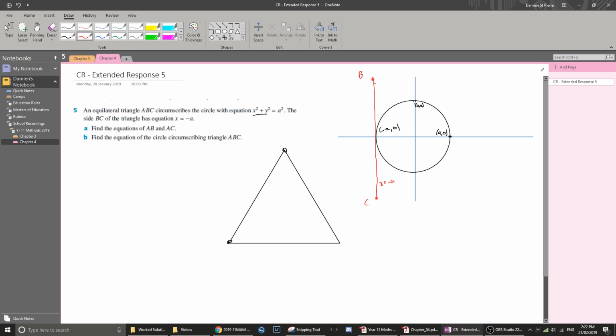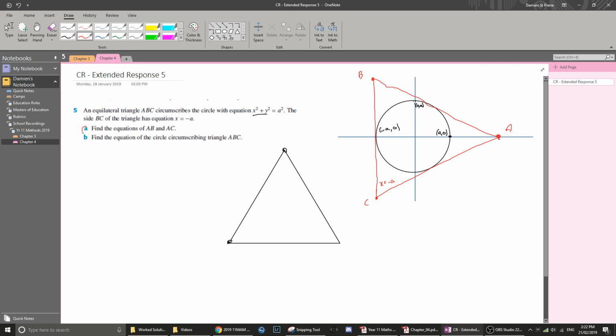So that means the other two sides just touch the circle, come out to some point out here. Just touch the circle, come out to some point here. And this is an equilateral triangle. Each side is the same length. We have ABC. It circumscribes the circle. So that's the problem we have.